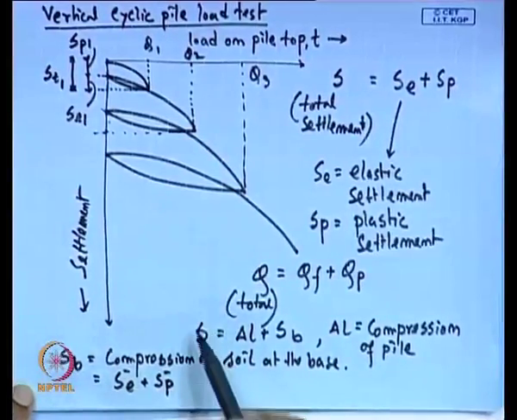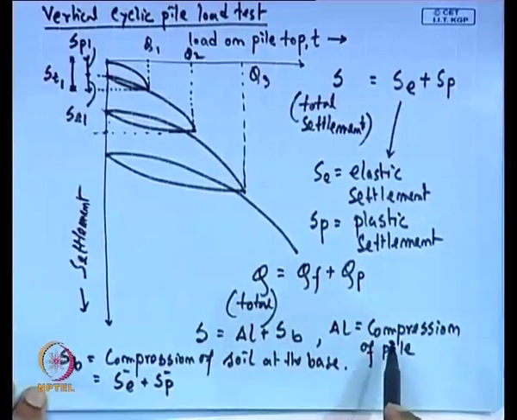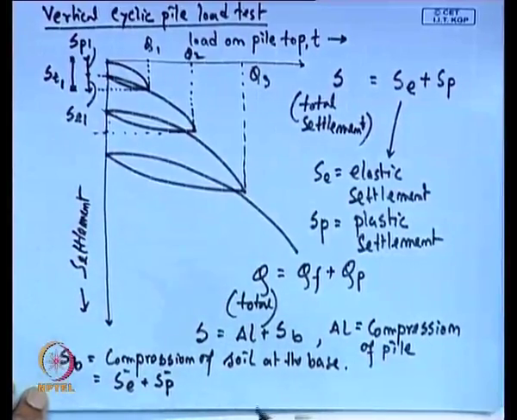And here S will be the compression of the pile material plus the compression of the soil at the base. So the base soil will settle, and because of that we get the settlement of the pile, and the pile material may also compress. So that is the summation of the compression of the pile material and the compression of the base soil.